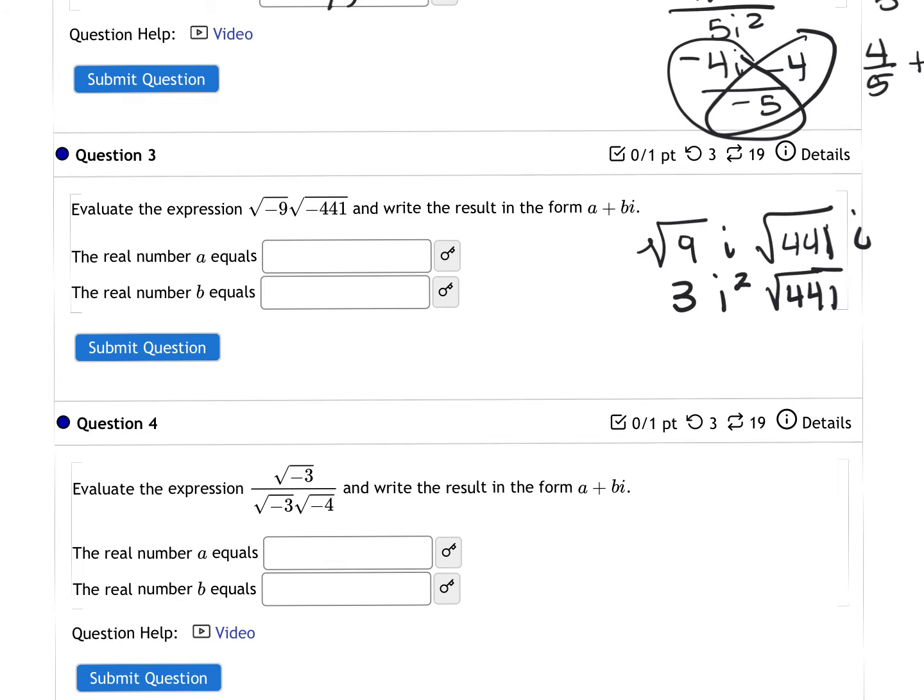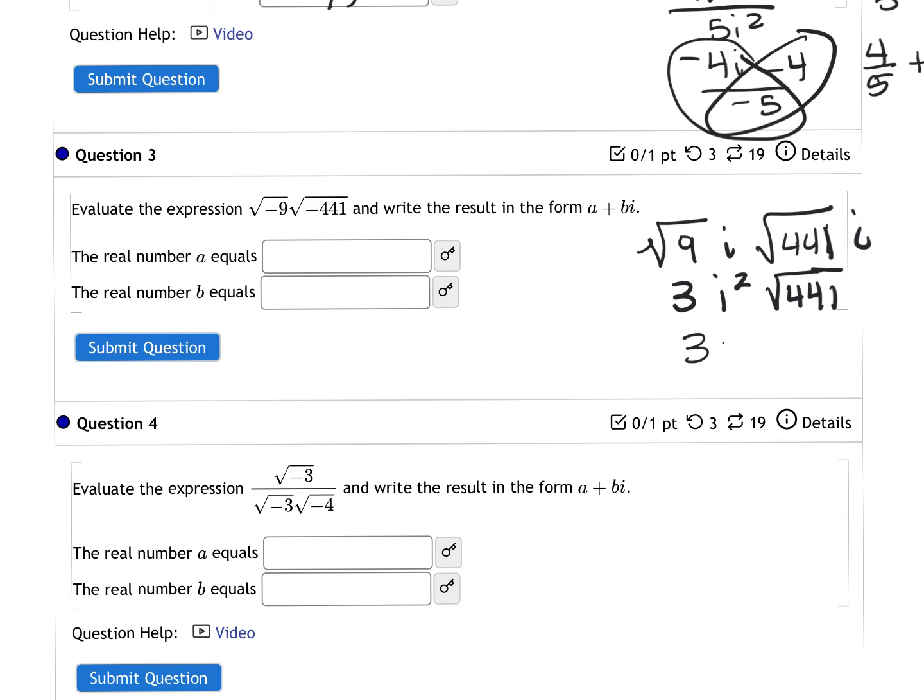Let me grab my calculator and make sure I am remembering that correctly. You can't see my calculator on this program, but I have it right next to me now. So second square root, 441 is 21.